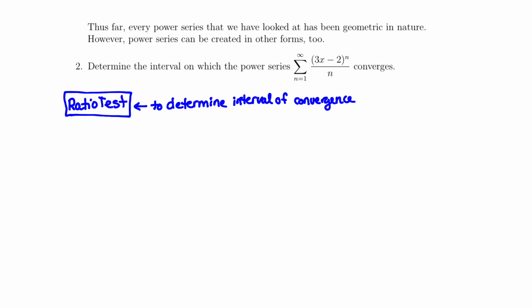Actually, you use it a lot of times. It's a test you can use for any series, but we are specifically going to use it as a tool to determine the interval of convergence for power series, specifically those that aren't geometric, but it always works.